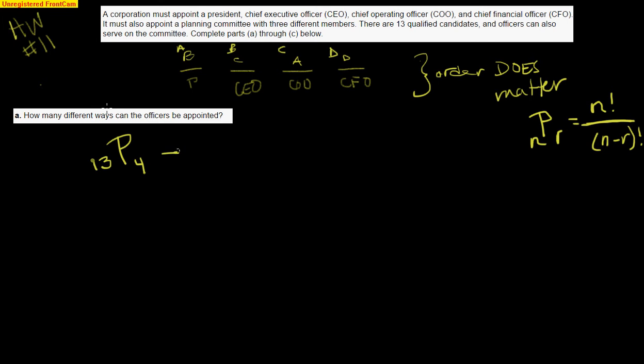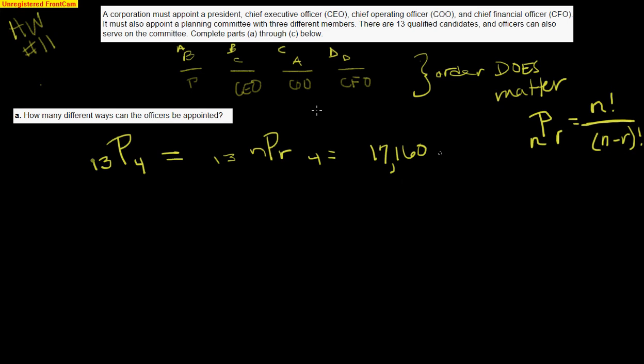All right, we are not going to plug this into the formula because we have a calculator that will do it. So go ahead and click 13 into your calculator, then hit your probability button, scroll down to where you have nPr, and then you're going to plug in the number 4, and out will pop 17160.